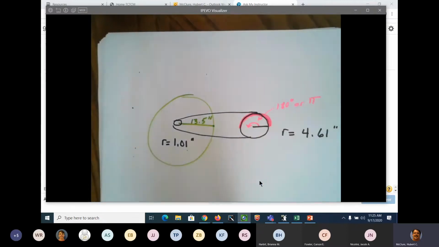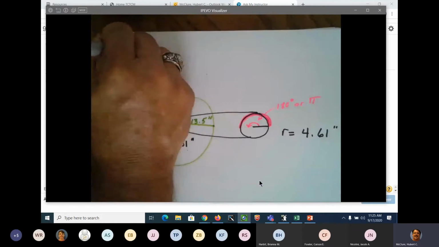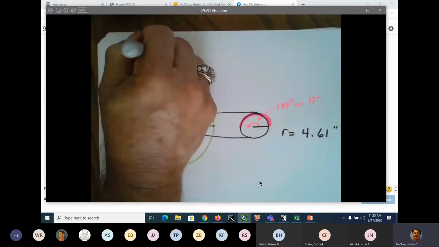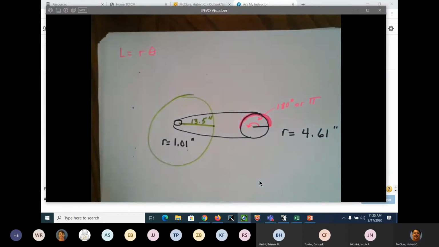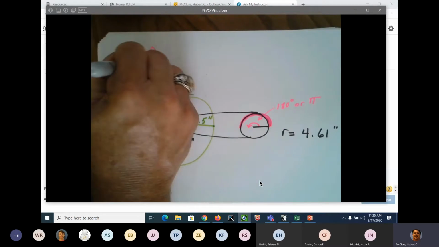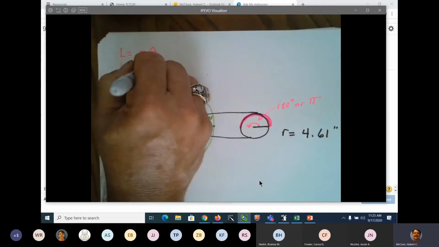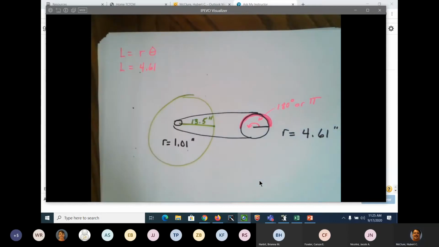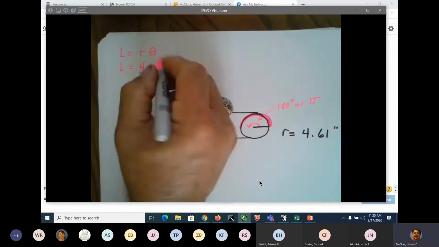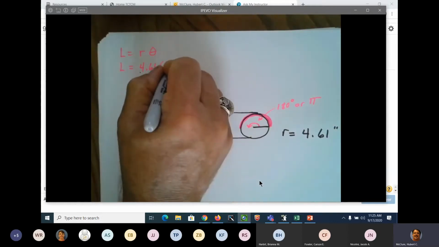So we got to find the arc length. And length is equal to R times theta. So length is going to equal R, which is 4.61, times theta, which is pi.